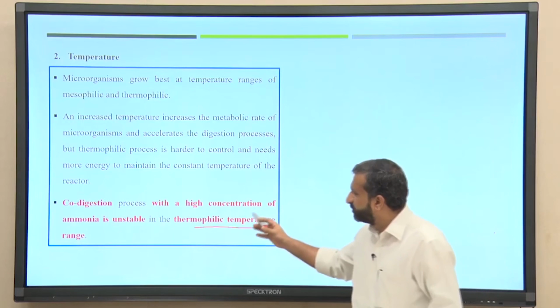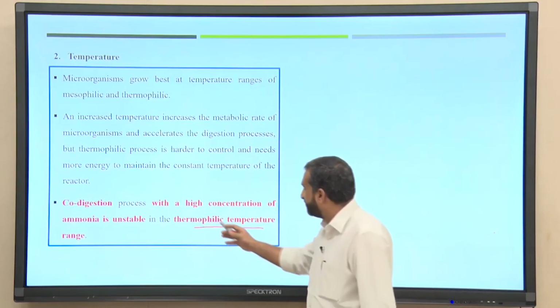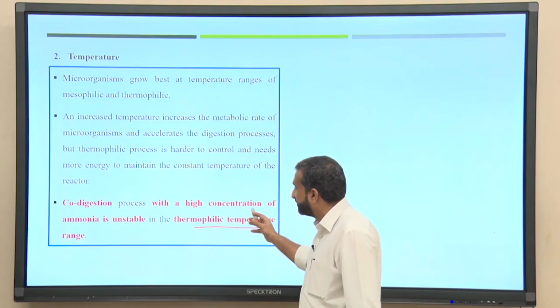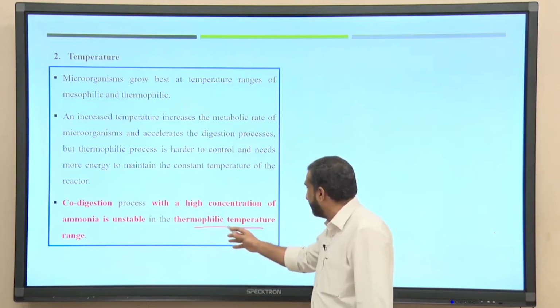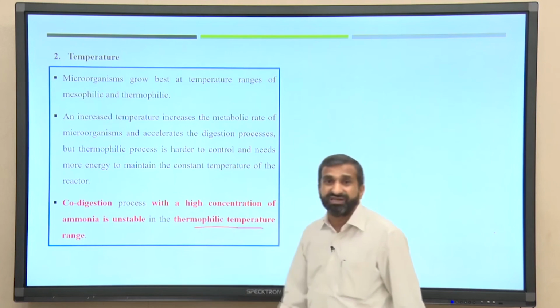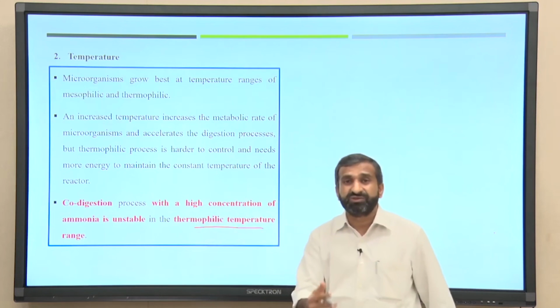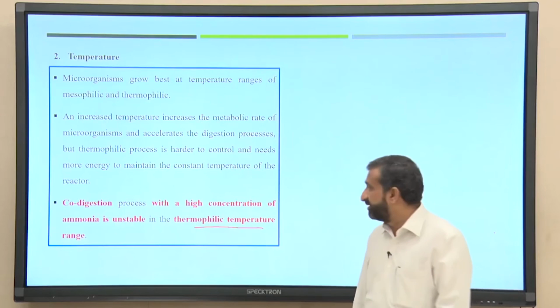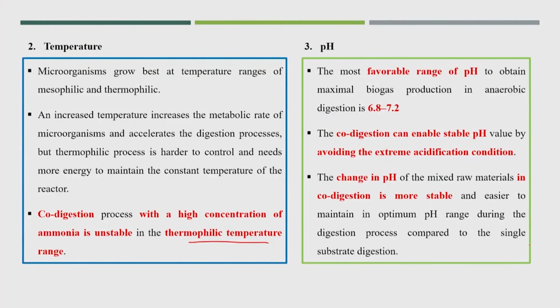The only problem is in the co-digestion process with a high concentration of ammonia, because at thermophilic temperature there could be a higher concentration of ammonia, and you know that this ammonia is inhibitory for methane yield.